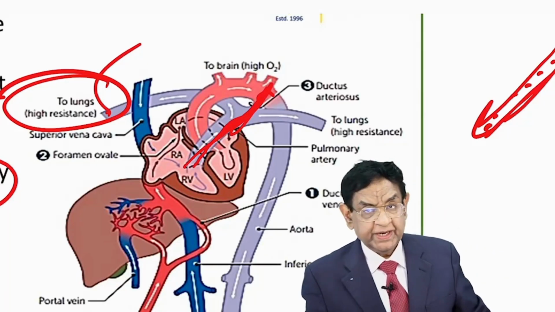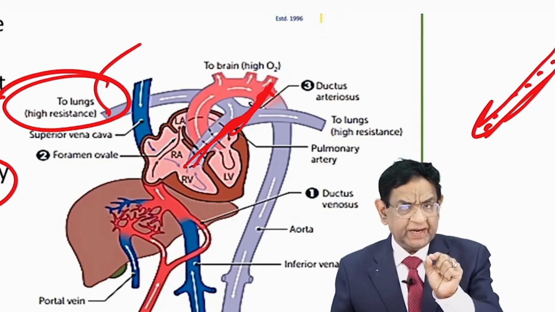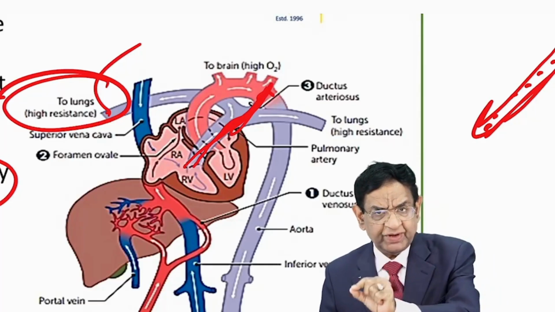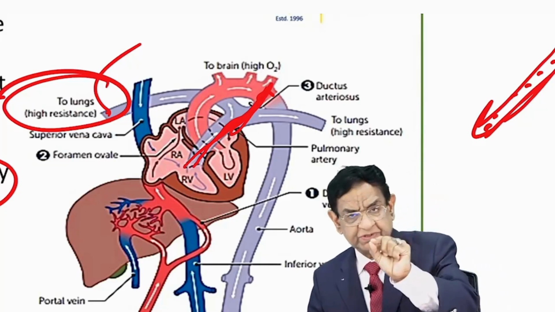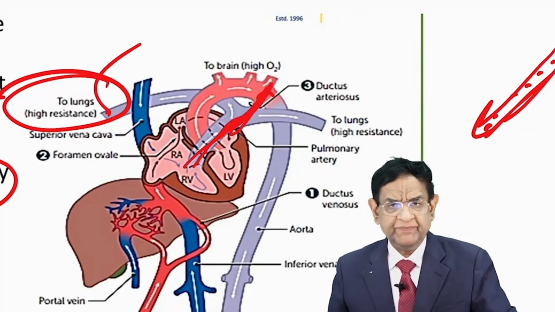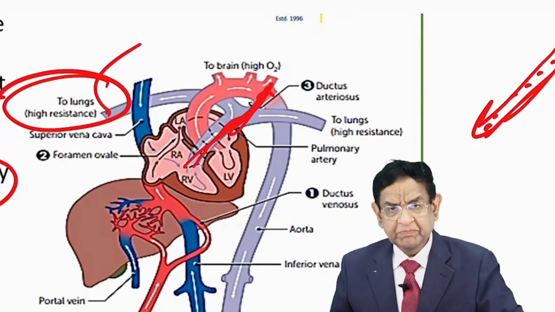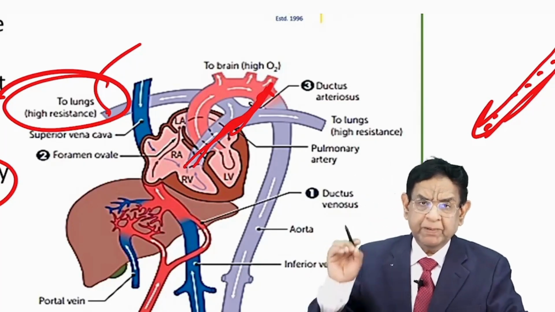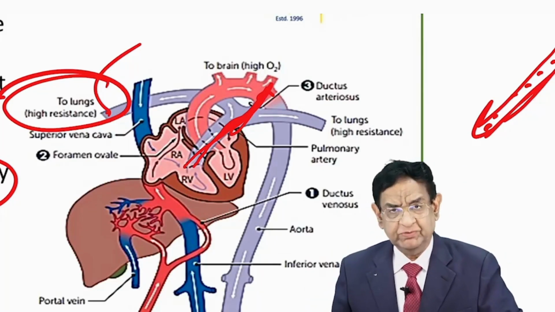So a quick recap of what we have done so far. The umbilical vein enters the inferior vena cava via what? The ductus venosus. Blood from the right atrium goes to the left atrium via the foramen ovale. Blood from the pulmonary artery goes into the aorta via the ductus arteriosus.